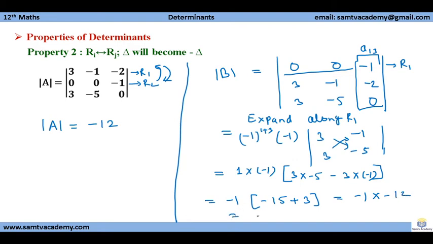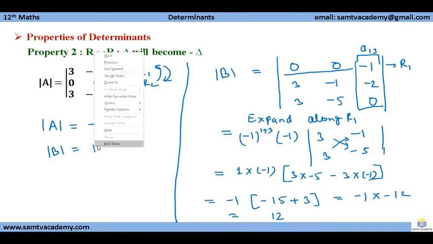So the answer is 12. What we have seen here is that if we interchange one time, the value of the determinant is changed by a negative sign. So the determinant B will give the value 12.